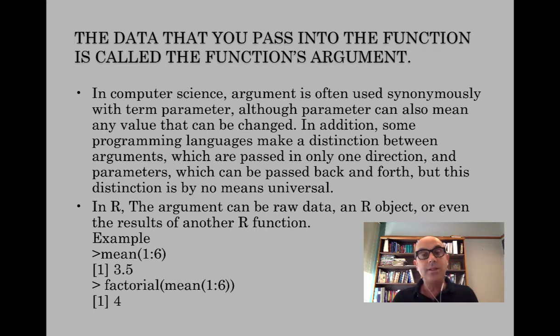In computer science, an argument is usually associated with the idea of what we can bring into the function and how we do that. The argument can be drawn from raw data, an R object, or even the result of another R function. For example, the mean of 1 and 6, or the function of the mean of 1 and 6.